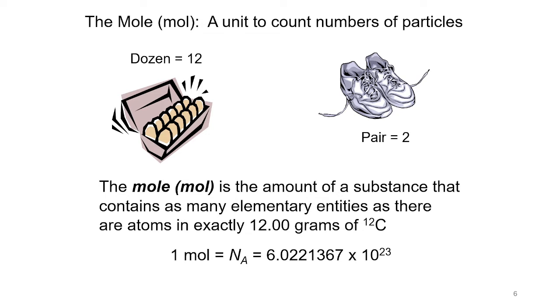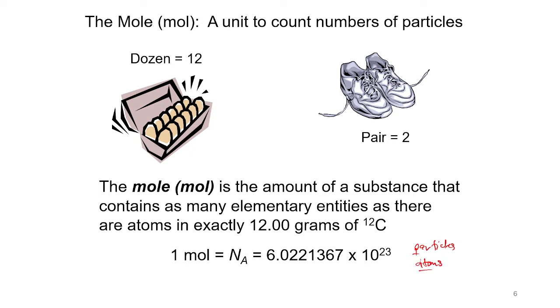Meaning to say, if we are to account for 1 mole and we need to count the number of particles, we just use this number. If we have 1 mole of each element, we have 6.022137 times 10 raised to 23 particles, or atoms.